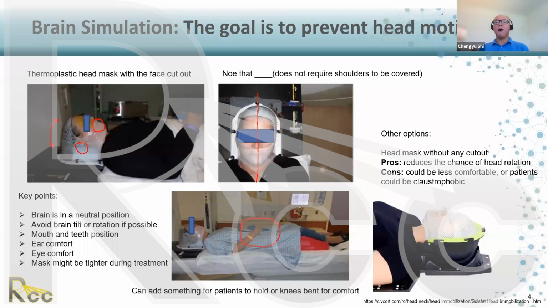If they move more than 2 millimeters, we will definitely re-image the patient and double check the location is still okay. For fractionated treatment, like 20 or 30 fractions, it's probably not that important because the thermal mask does have immobilization ability of less than 3 millimeters, which is okay for fractionated treatment.